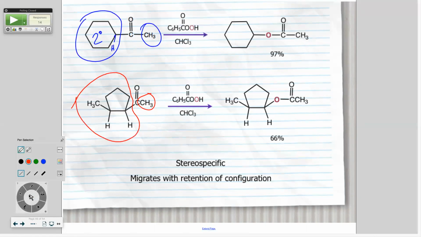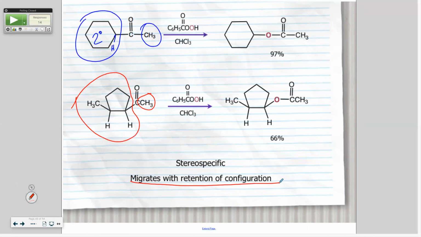So it migrates with retention of configuration. The reaction is called stereospecific. The stereochemistry of the starting material is the same as the stereochemistry in the product. If this was flipped, if this was down here, it would have stayed that way.